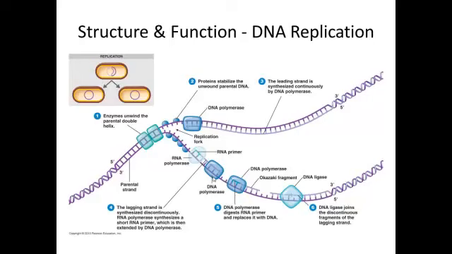Now, we can't have an RNA-DNA hybrid. It's not as stable as a DNA-DNA strand. Another DNA polymerase comes through and replaces the RNA primer with DNA. Then DNA ligase comes through, hooks the pieces together, and we get one continuous strand.